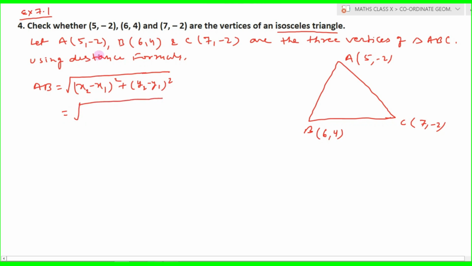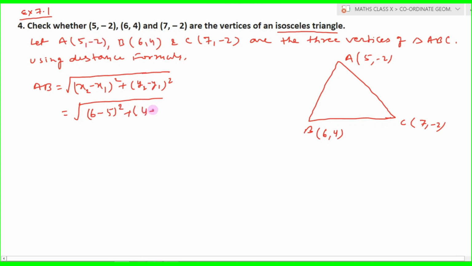So what is x2? In this case for AB, x2 is 6, minus x1 which is 5, plus y2, which is 4, minus y1, which is minus 2.